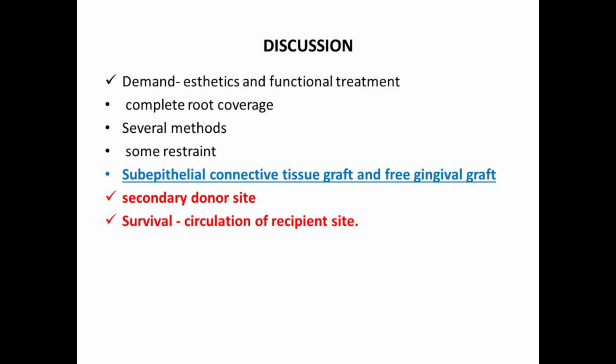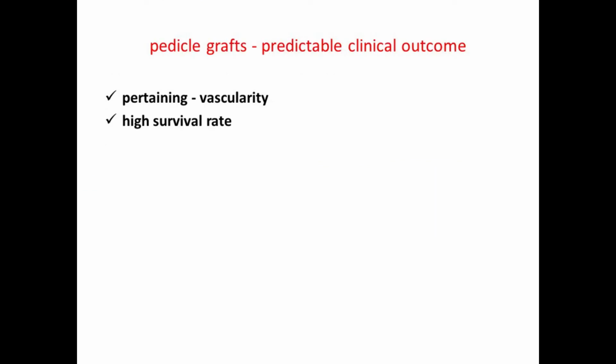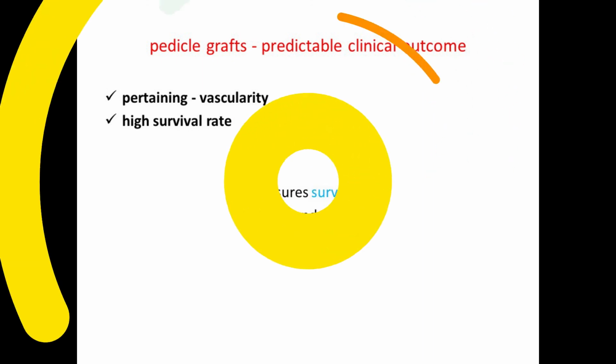When you compare all the methods, the subepithelial connective tissue graft and the free gingival graft have a disadvantage because they need a secondary donor site, and the survival rate is compromised as it depends upon the circulation of the recipient site, not the donor site. As the demand for aesthetic and functional treatment increases, complete root coverage procedures are popular now. The pedicle graft has a predictable clinical outcome because its high vascularity determines high survival.